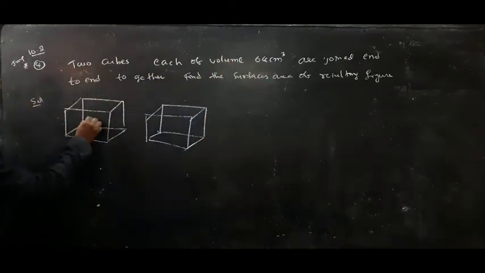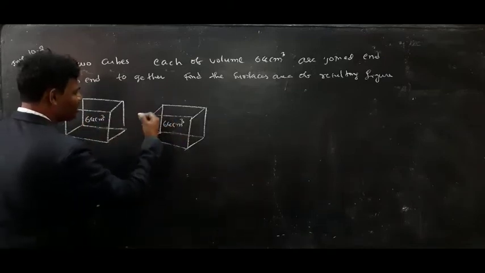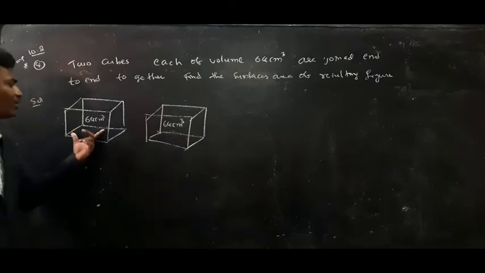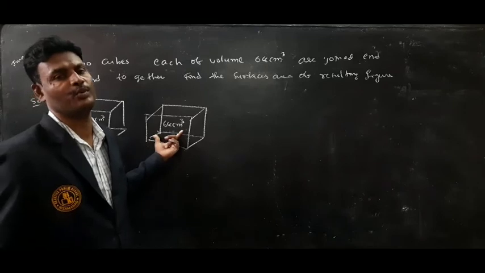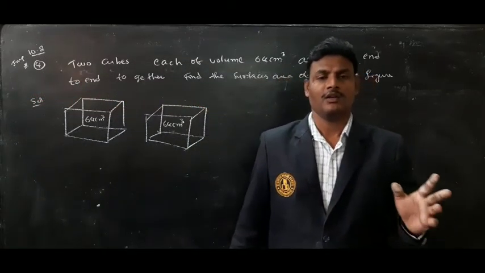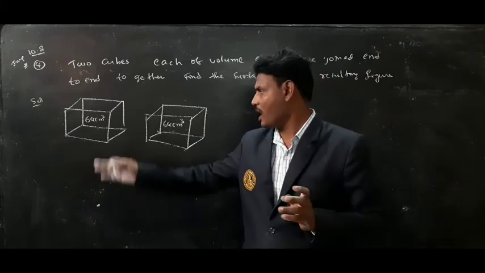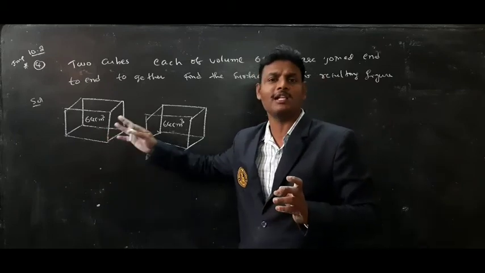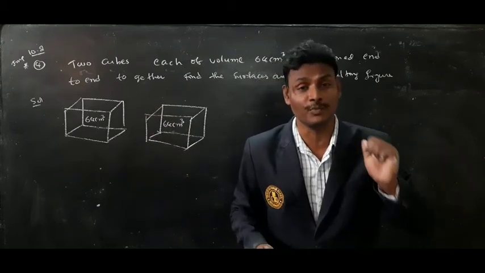So the volume of this cube is 64 centimeter cube and also the volume of this cube is 64 centimeter cube. See, I know the volume of the 2 cubes, but I don't know the side of the cube. The volume of each cube is 64 centimeter cube, but I don't know the side of the 2 cubes.